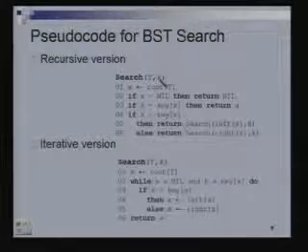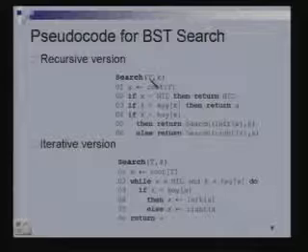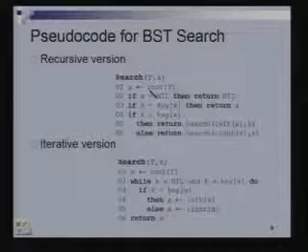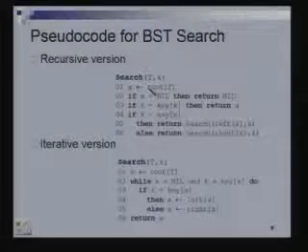So we can write the search procedure in a binary search tree either as a recursive procedure or as an iterative procedure. The recursive procedure is perhaps simpler to understand. You are searching for a key k in a tree T. You look at the root of T, let us say that is x.